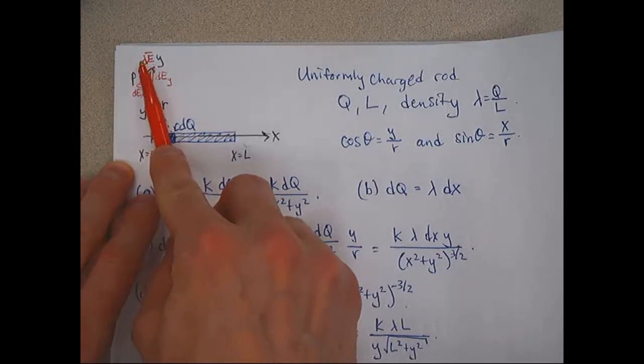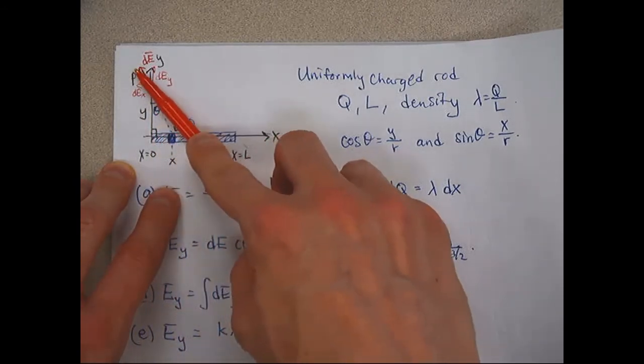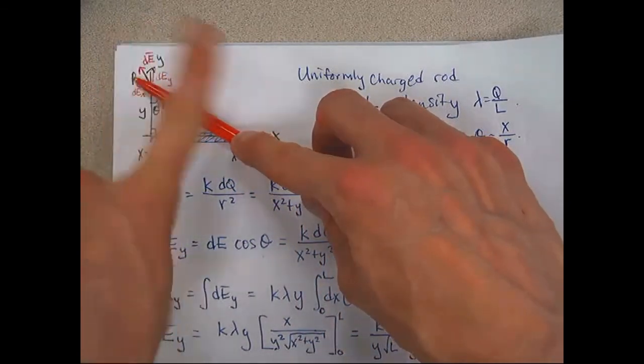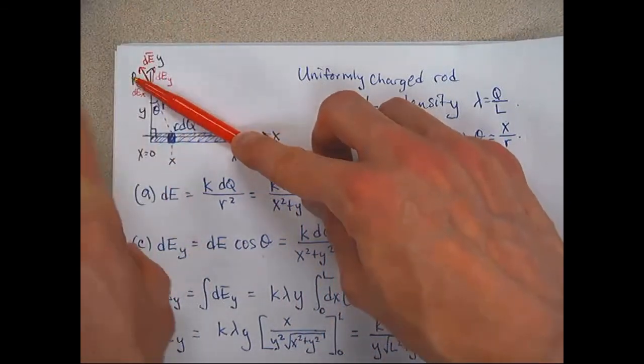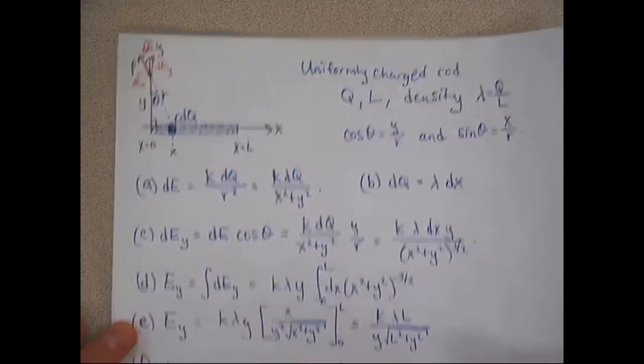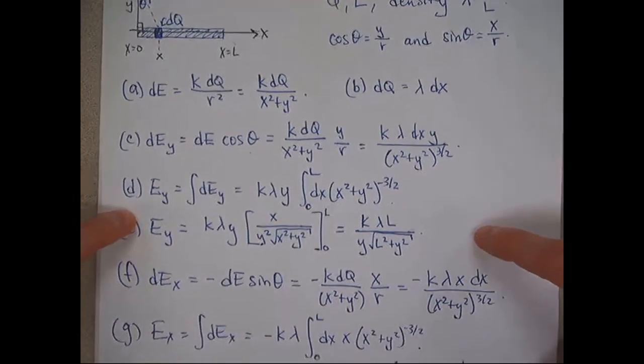And as you swing out and cover all of these dq's, your angle is changing all the while. The vector sum of the infinite number of those dE's turns out to be the vector whose x and y components are solved for here.